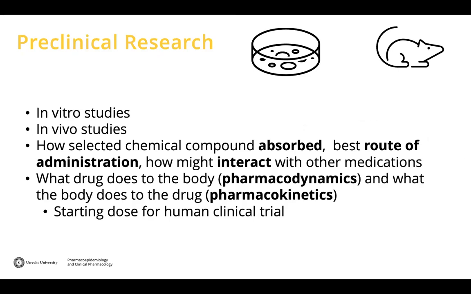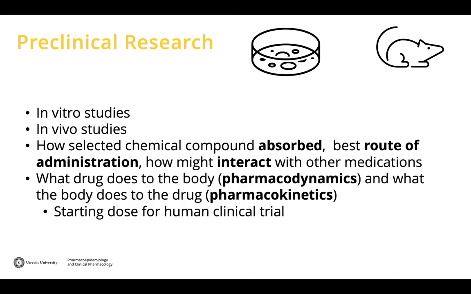So in these types of preliminary studies, you really want to understand how a particular chemical compound of interest is absorbed, how it might be best administered, the best route of administration. So whether it should be taken orally or it should be a drop that goes into your eye. You need to sort out those sorts of things.